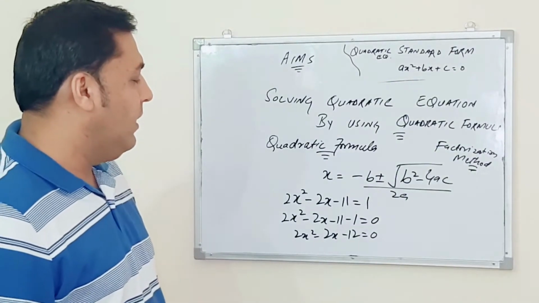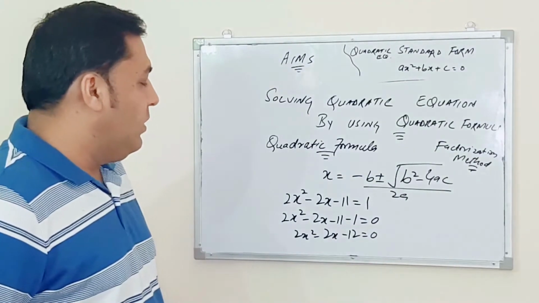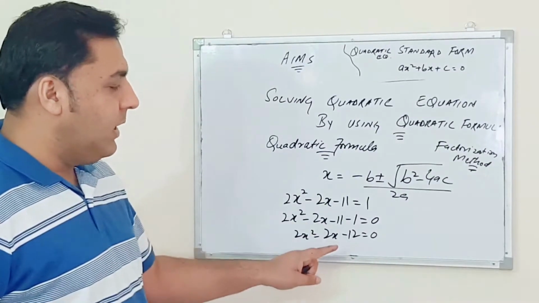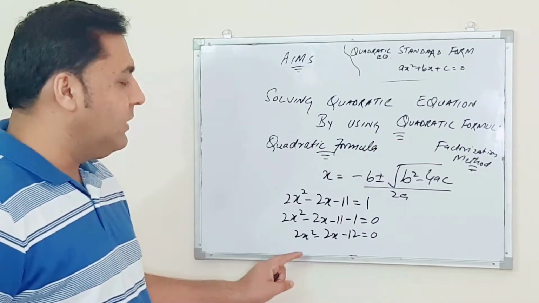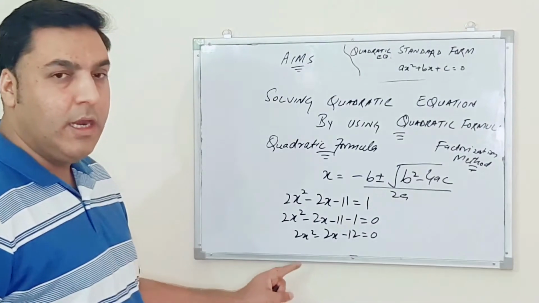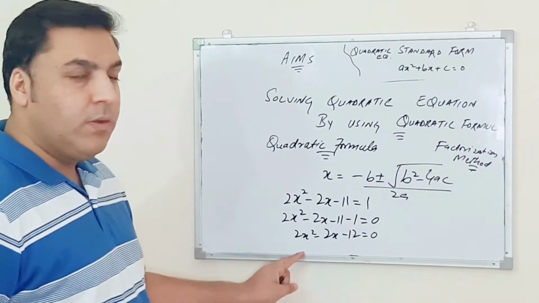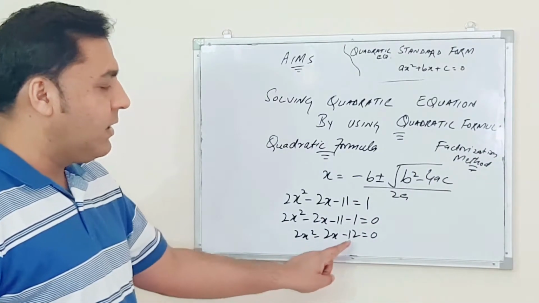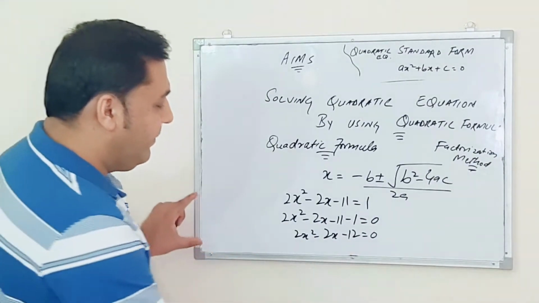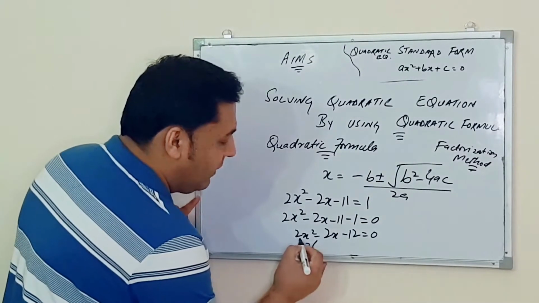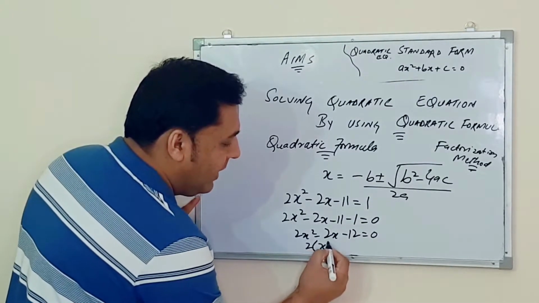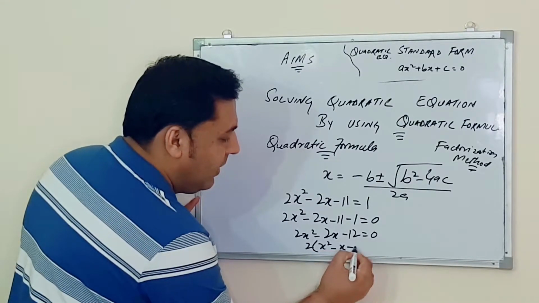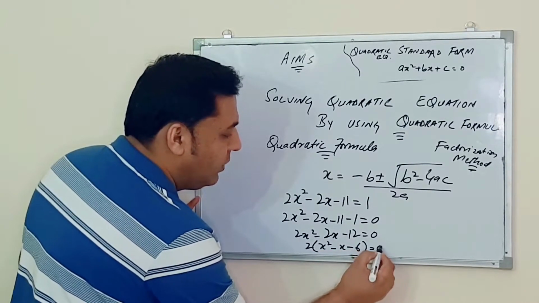This we received. Now we can solve from here, but same as in the factorization method, it is better to simplify, and always simplify your equation before solving. So we can take 2 common, and I will be left with x square minus x minus 6 equal to 0.